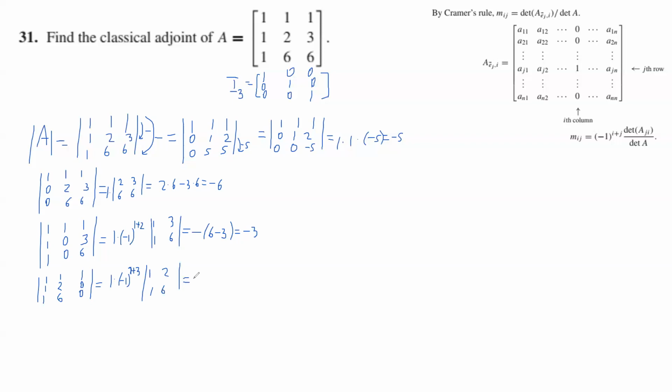So it will be plus 6 minus 2, which is 4. So these are the numbers in the first column. So the numbers are minus 6, minus 3, and 4.